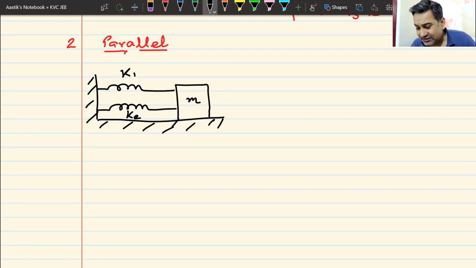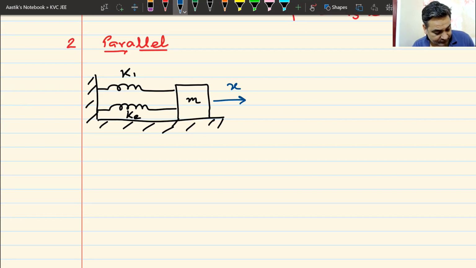Now I hope you can understand the difference between the two. Now if I move this block by an amount X, can you tell me what will be the extension in both the springs? It's a simple question. It does not require physics.